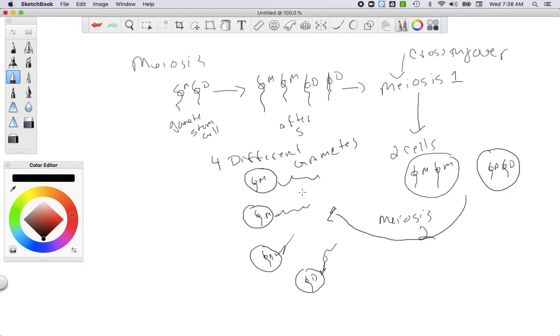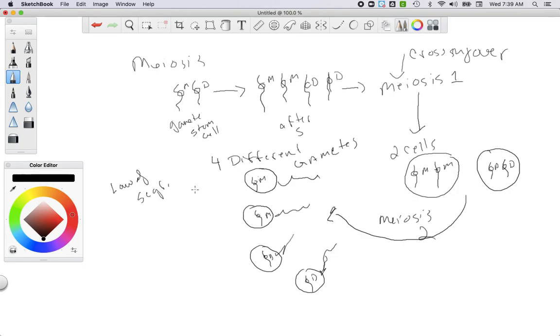So this is where we get Mendel's first law. The law of segregation. So this gamete stem cell has one copy of an M allele, one copy of this D allele. They might be different, they might be the same, but one came from the mother, one came from the father.